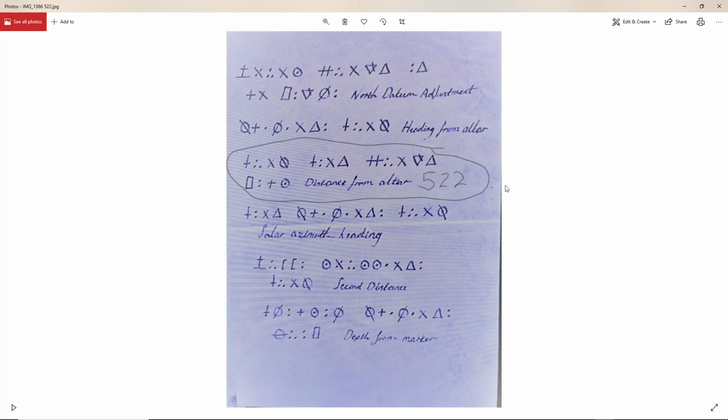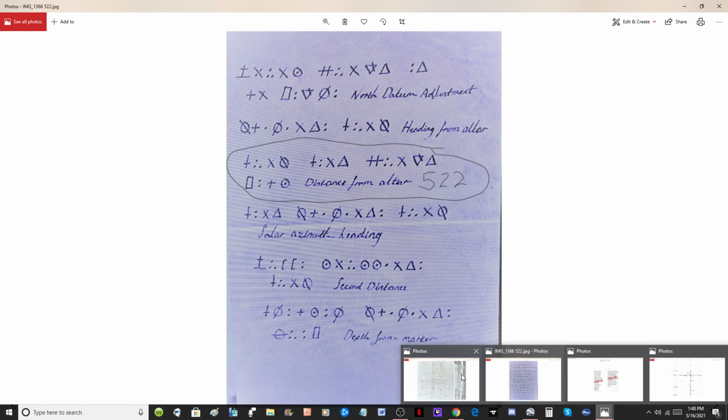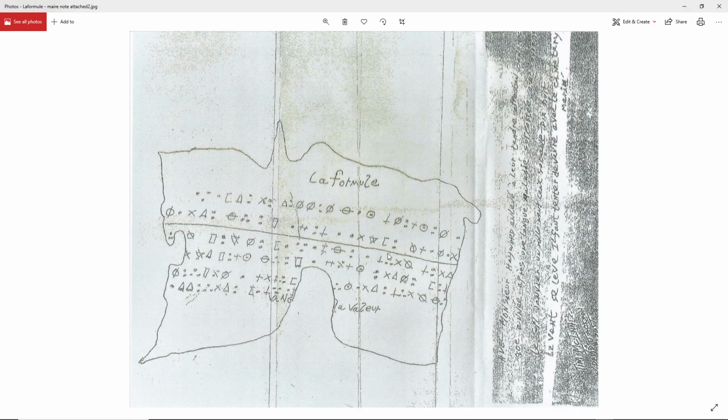522 was recently given by Philip Stevenson in his document. And of course, these are the symbols that we're familiar with that were in La Formula, and when translated, it comes out to 522. Another interesting point is, how did he know this is a distance if this is all he had? The only place that I know that references 522 as a distance is La Formula. And this is La Formula right here.